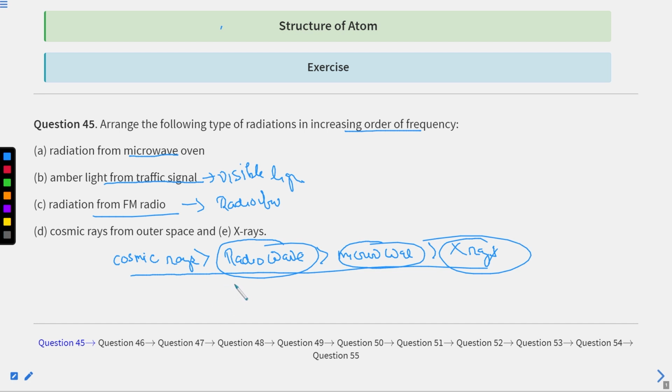See students, radio waves have to travel a long distance to reach you, and for that, if their wavelengths were small, they would have interacted with the particles present in the atmosphere.